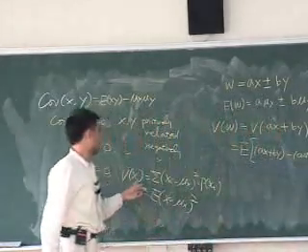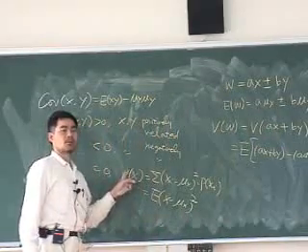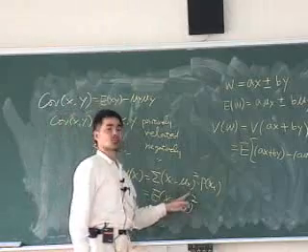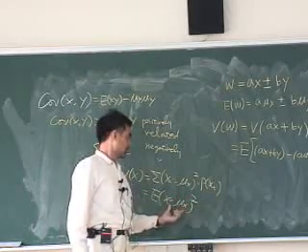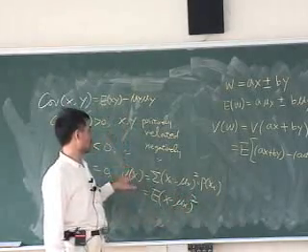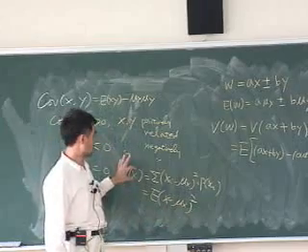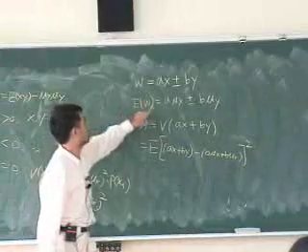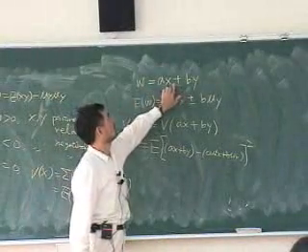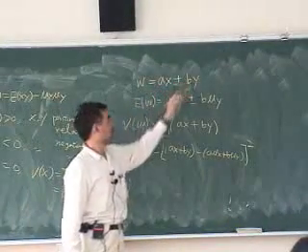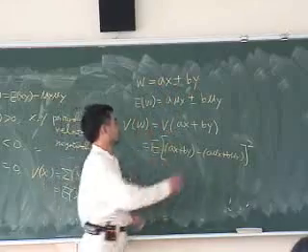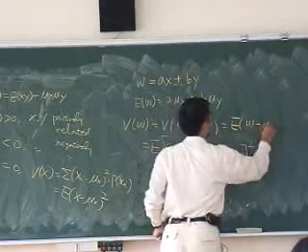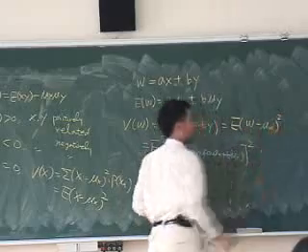Okay, because Vx, variance of X, is equal to expectation of (X minus mu X) squared, right? So here you are going to talk about W. So here it is W, right? So W is AX plus BY, so it should be expectation of (W minus mu W) squared, okay?